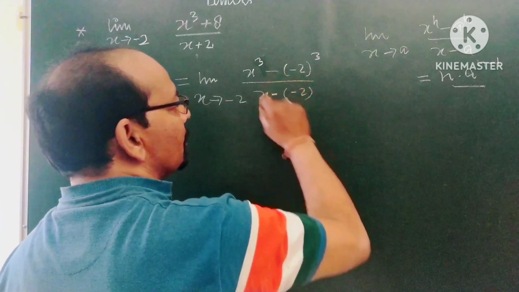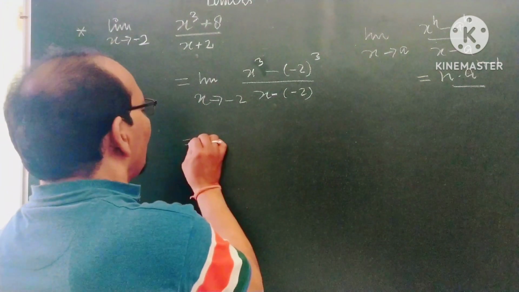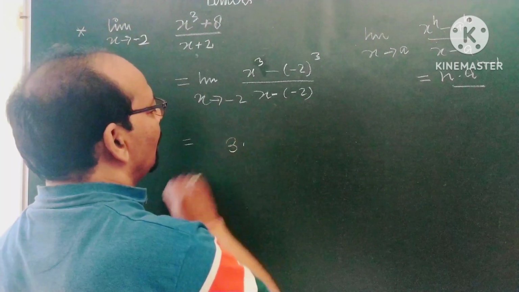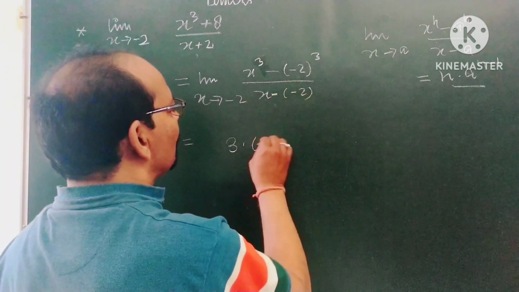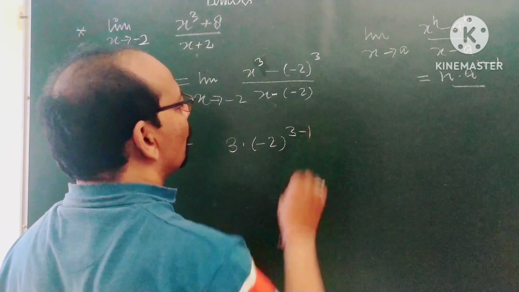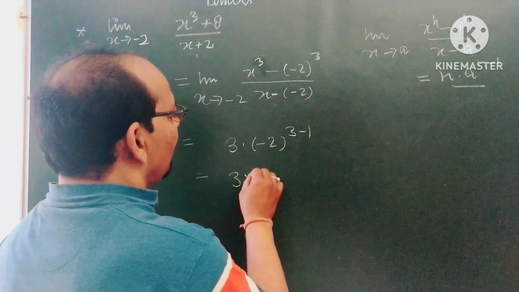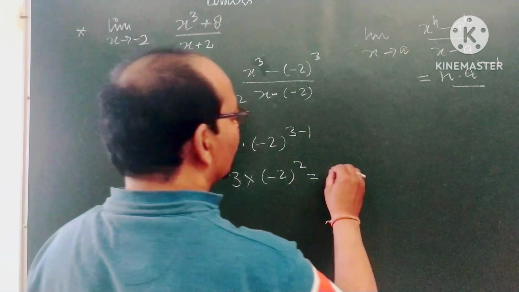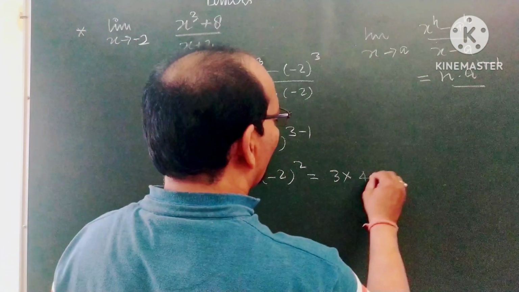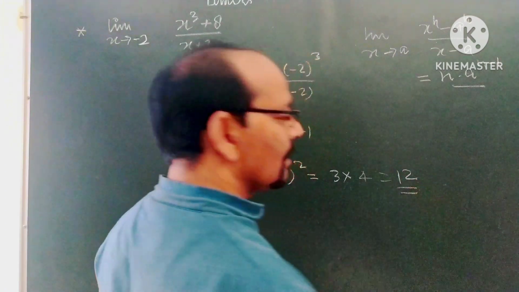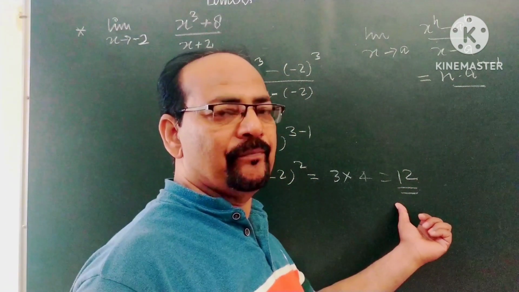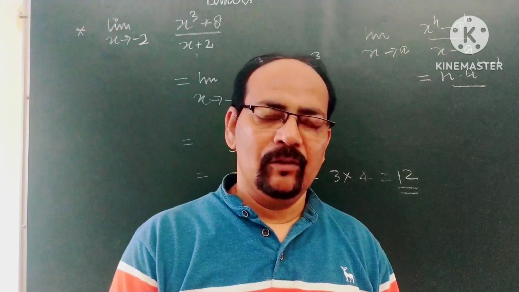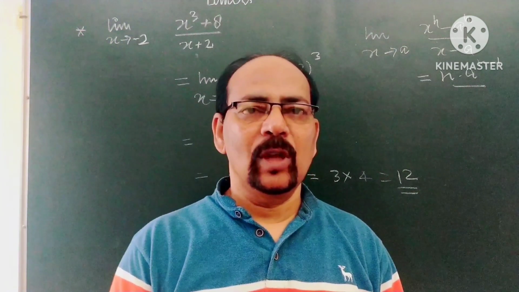Therefore this changes into this form, so we apply it, and n means 3 into a means minus 2 raised to 3 minus 1. There will be 3 into minus 2 square, which is 3 into 4, 12, which is the same answer. This question can be solved by both the factorization method and the formula method.